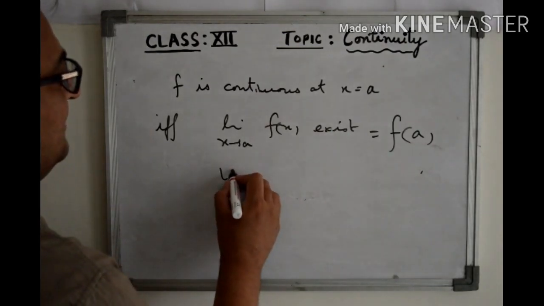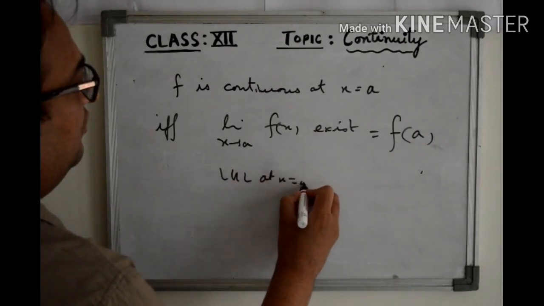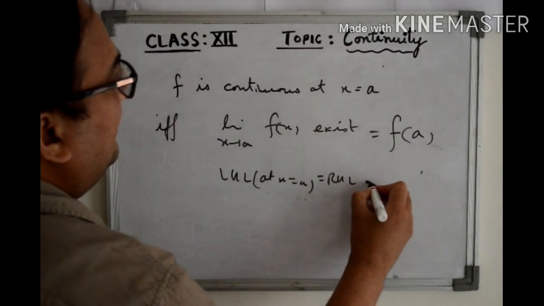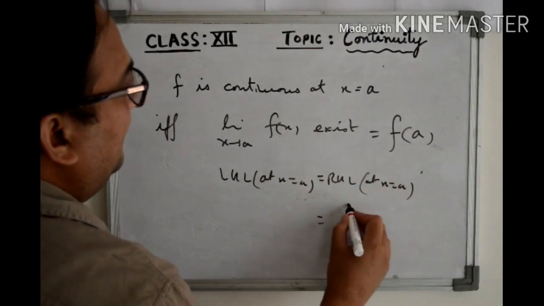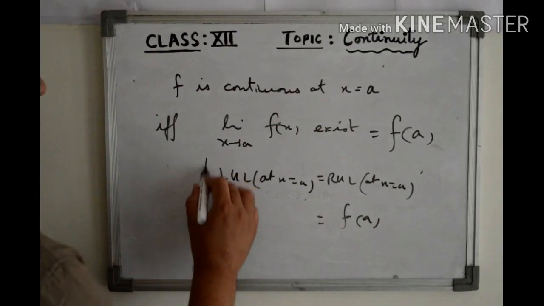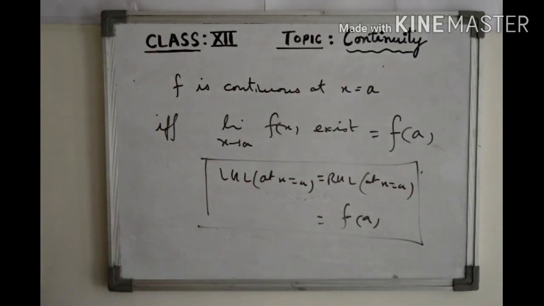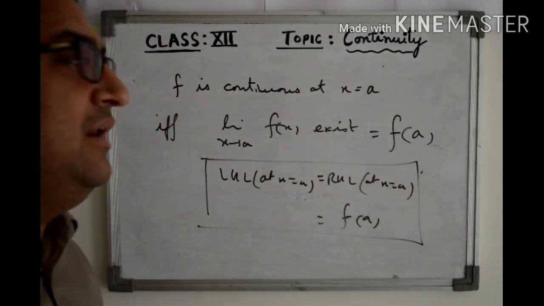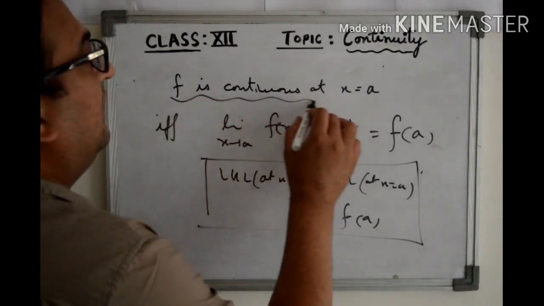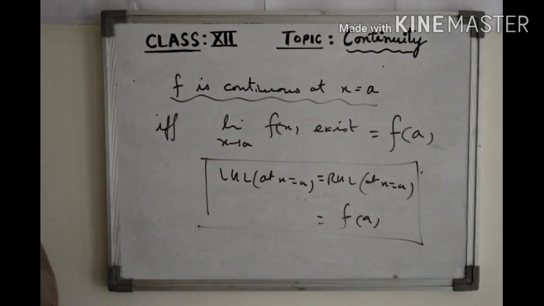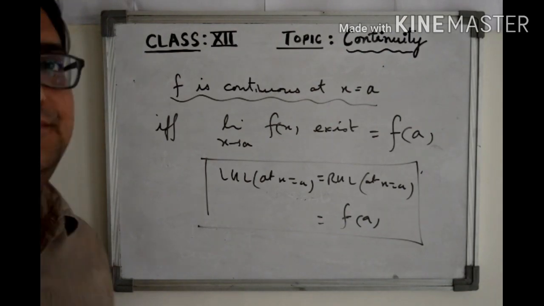And this limit will exist definitely when LHL at x equal to a is equal to RHL at x equal to a, and the value of the function at x equal to a. These three things have to be equal for the function to be continuous at the point x equal to a. So this is the mathematical definition of continuity at a point.